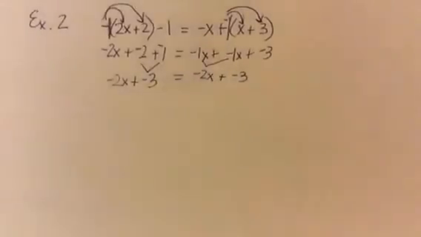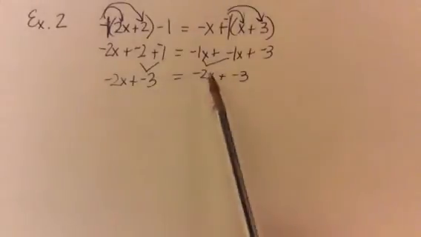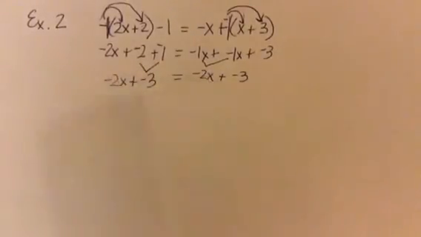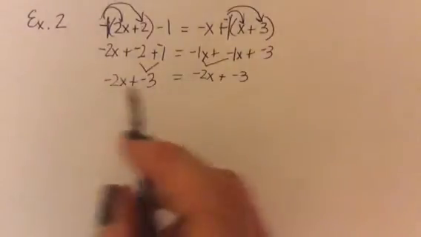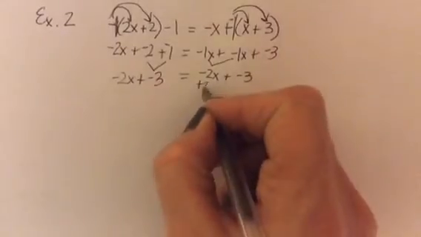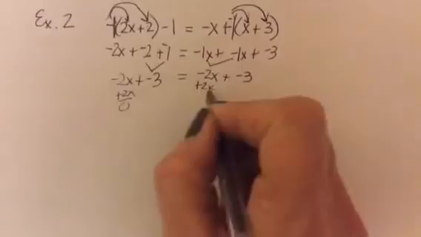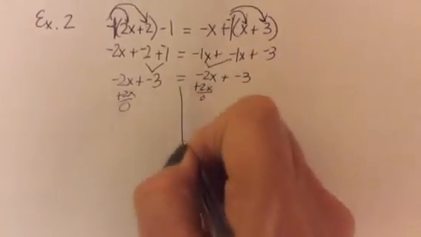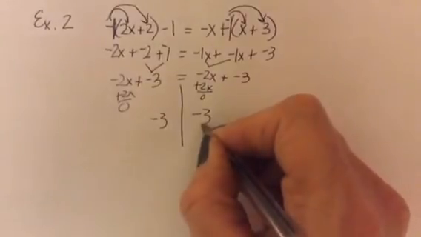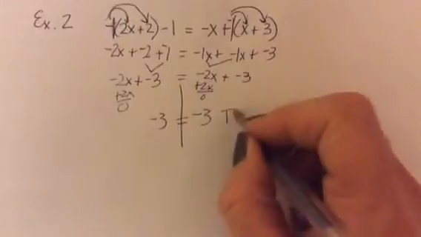Now, I don't know if you've seen, but kind of the same thing happens as the last example. When I go to get rid of this, that one's going to drop out too, because they're exactly the same. You have the exact same thing on both sides of the equation. So when I add 2x here, and I add 2x here, the x's drop out. And at this time, though, I'm left with negative 3 on the left and negative 3 on the right. So they are equal. That is a true statement.